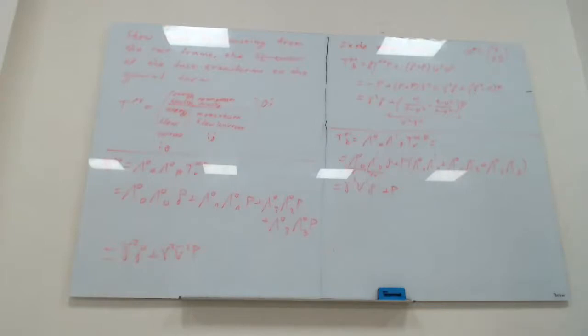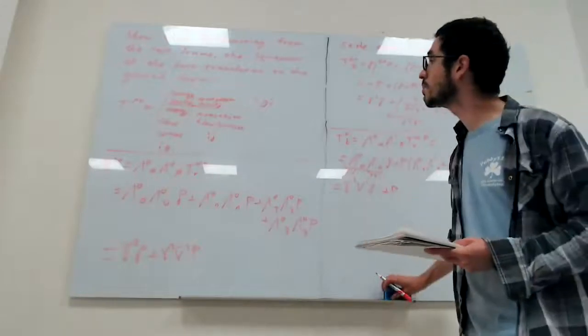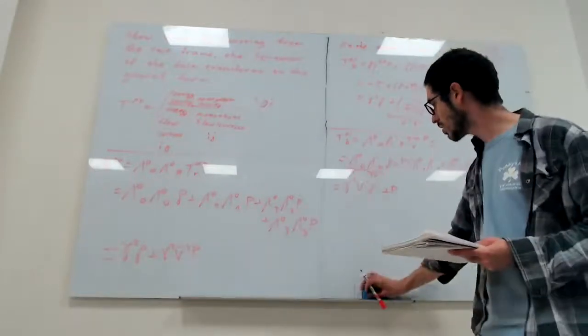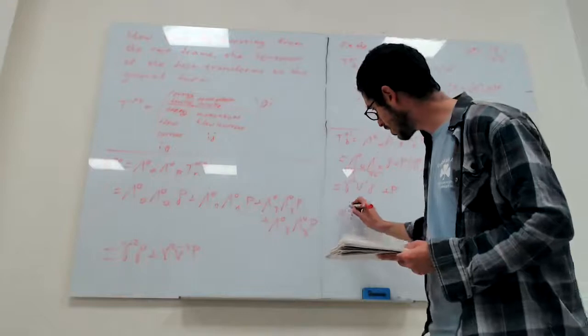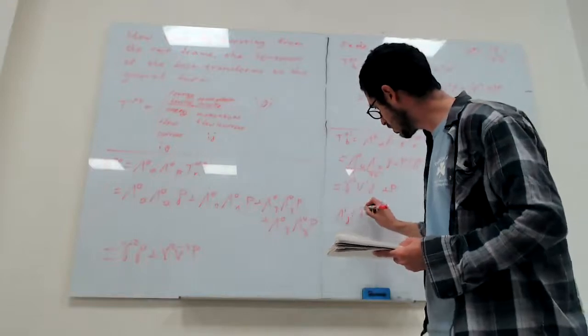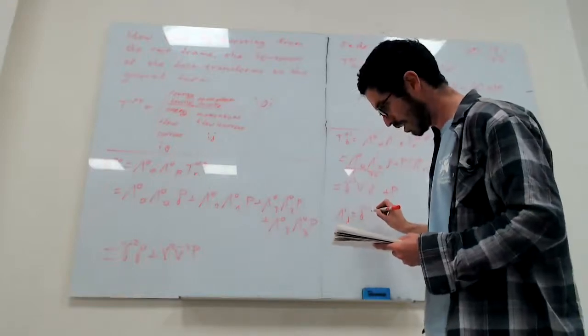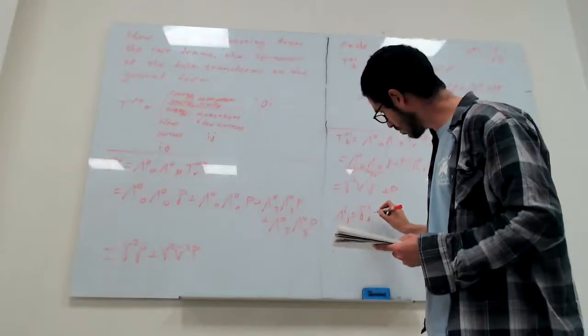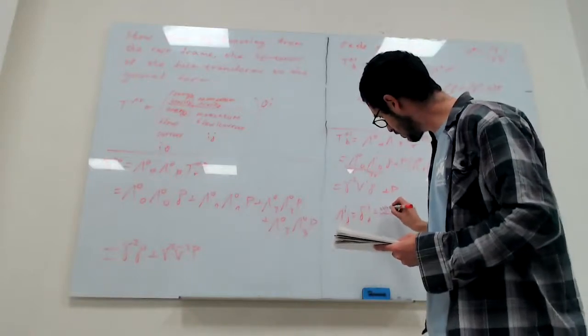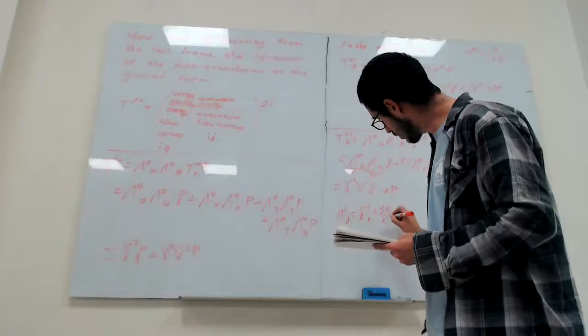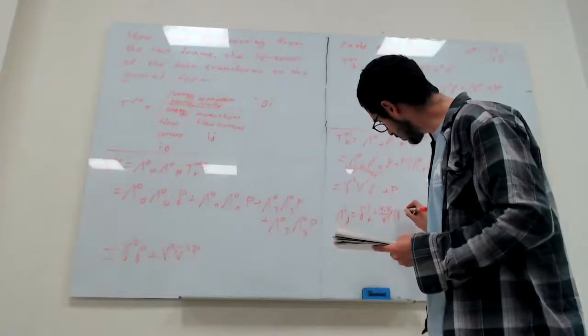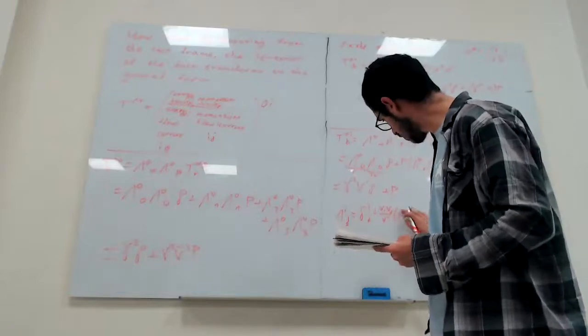So let's first look at the other expression. Reminder: lambda ij equals delta ij plus vi vj over v squared times gamma minus 1.